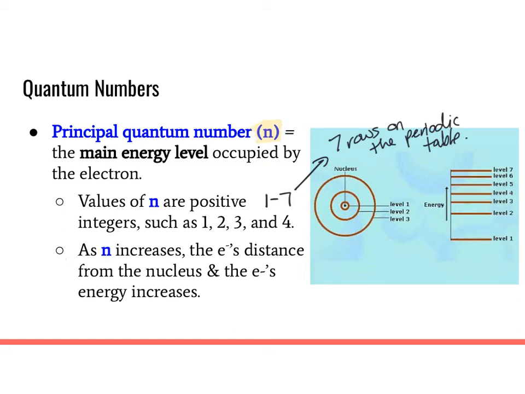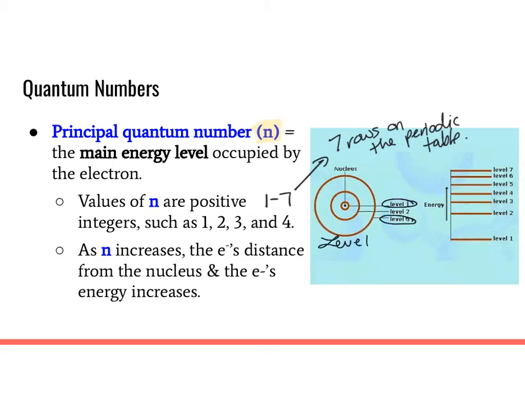A good thing to notice is that as N increases, the distance electrons are from the nucleus increases, and the electron's energy increases. If I look here, I have level 3 versus level 1.